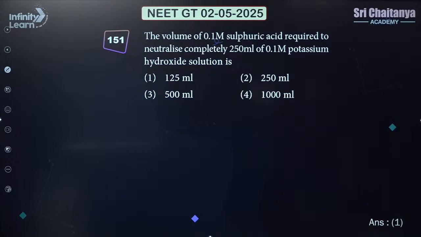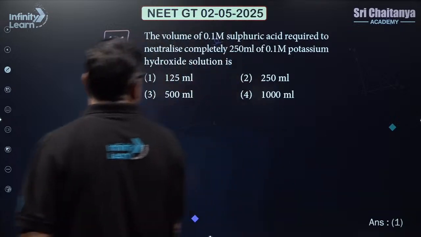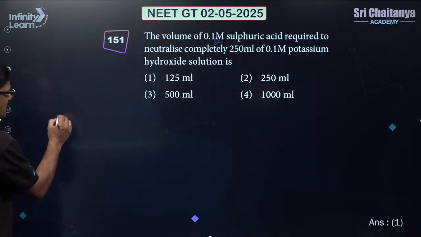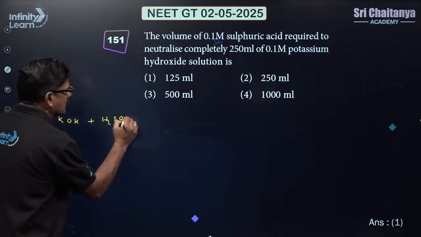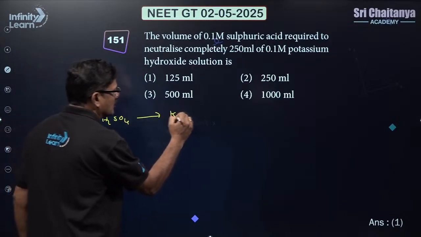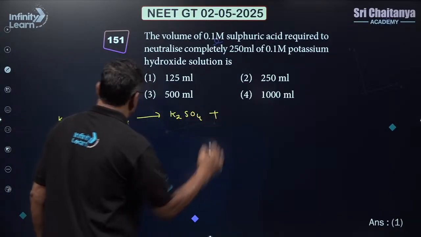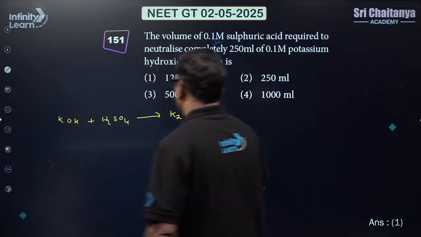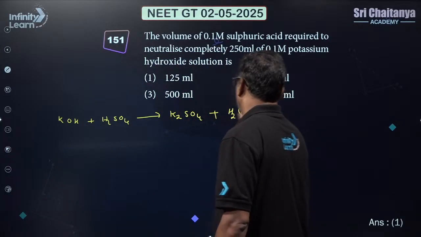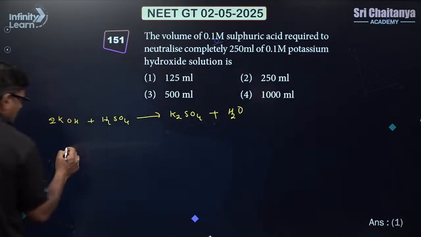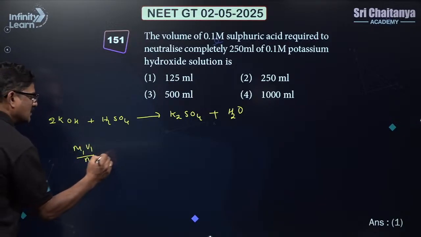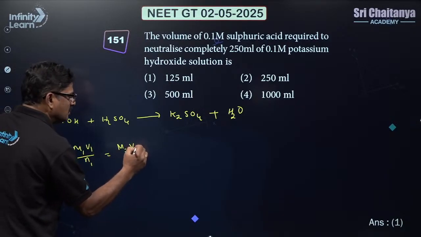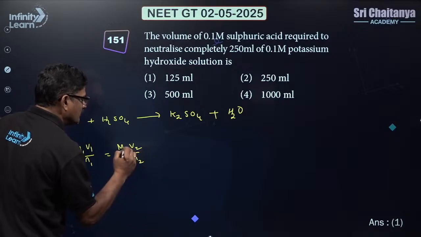Next question, the volume of 0.1 molar sulfuric acid required to neutralize KOH. KOH reacts with H2SO4 and gives K2SO4 plus H2O. On balancing, M1V1 by N1 is equal to M2V2 by N2.